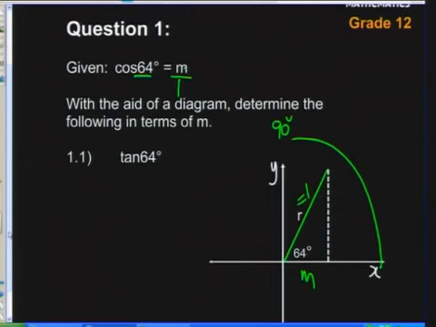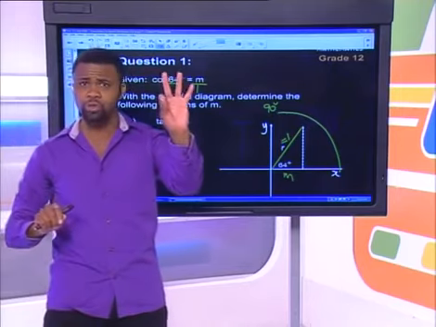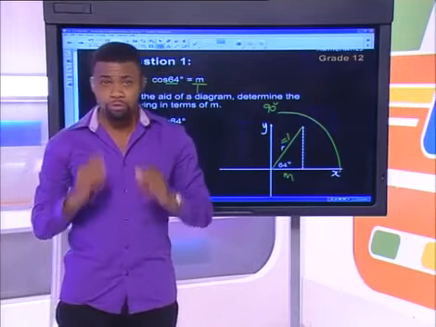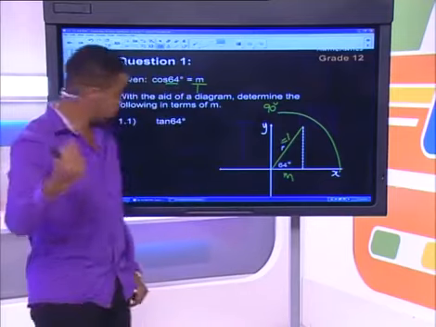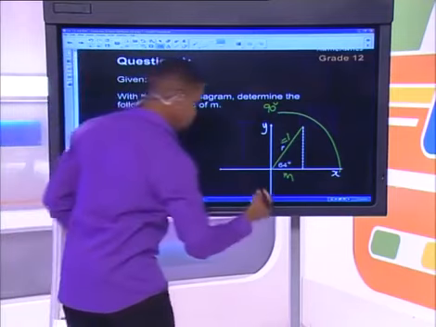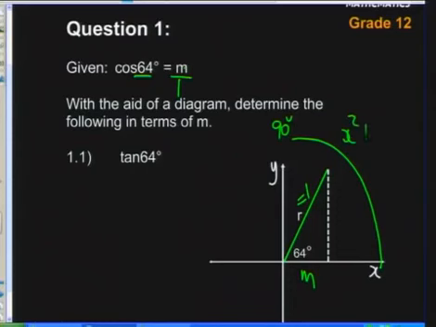What is missing? I have a right angle triangle. The adjacent is m. The hypotenuse is 1. What can I do to find the missing side? What do you think? I can use Pythagoras. Let me use Pythagoras. By Pythagoras, x squared plus y squared is r squared.